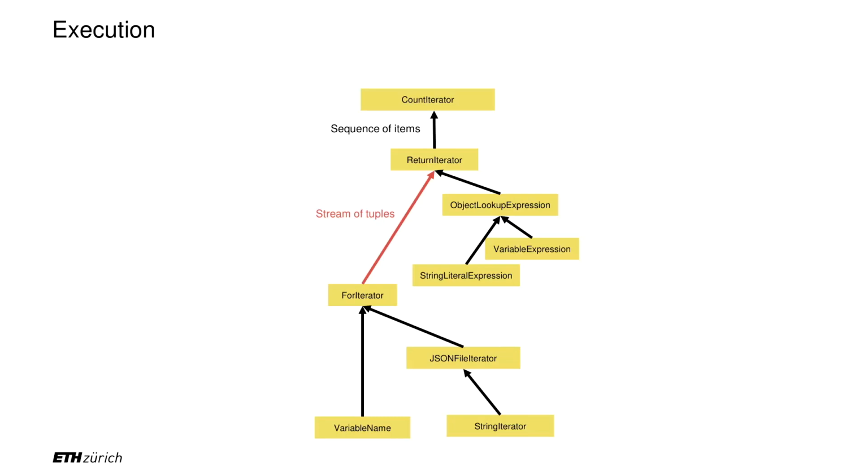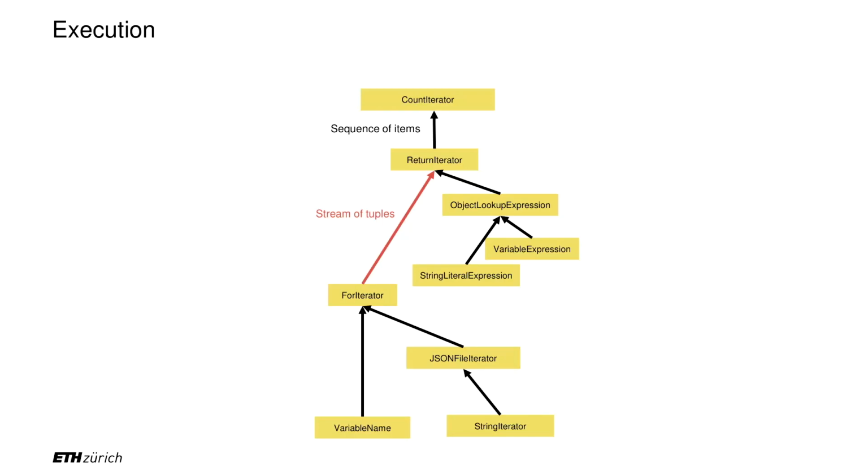And so when we are at that point and you look at the iterator tree, what you have to see is that most of these iterators that correspond to expressions return sequences of items. So whenever you see this arrow that comes out of an iterator, imagine that you can pull items out of it. You pull out a sequence of items, just getting an item, getting an item, getting an item.